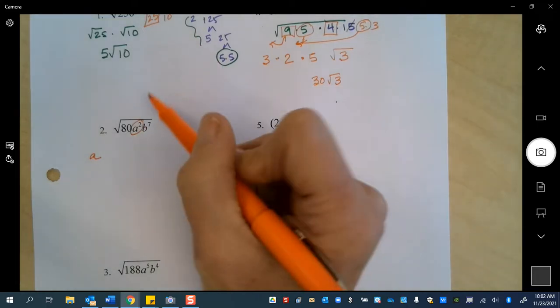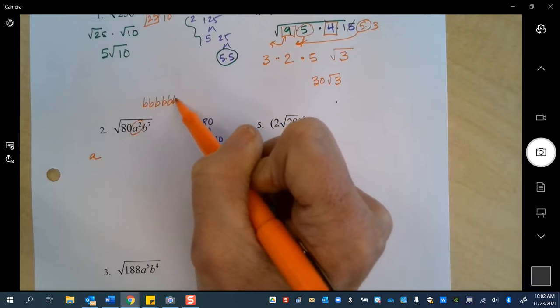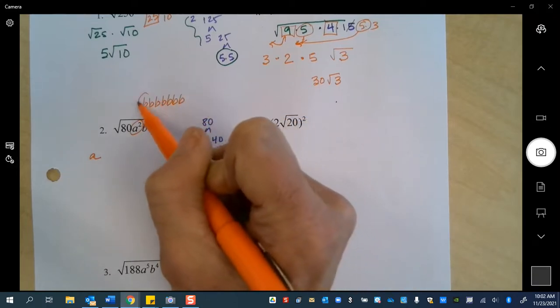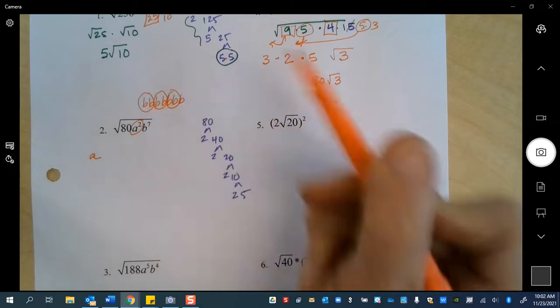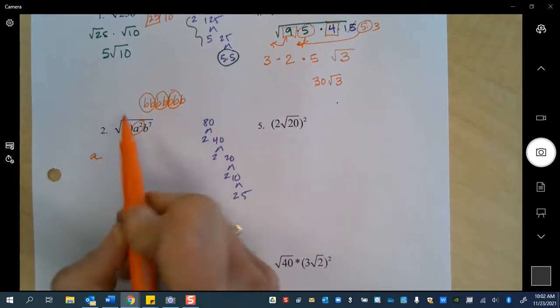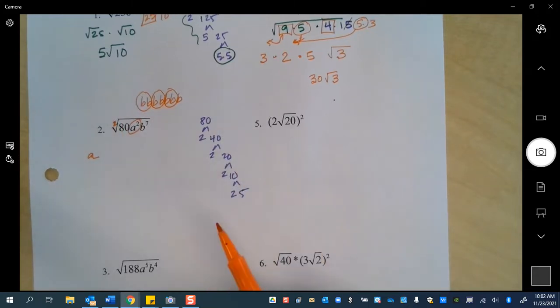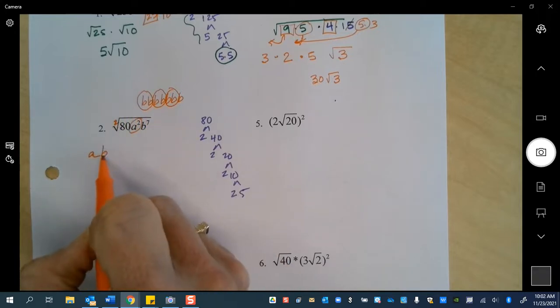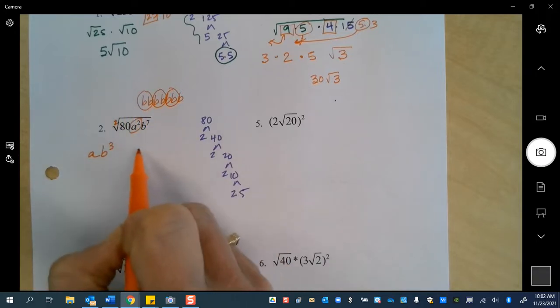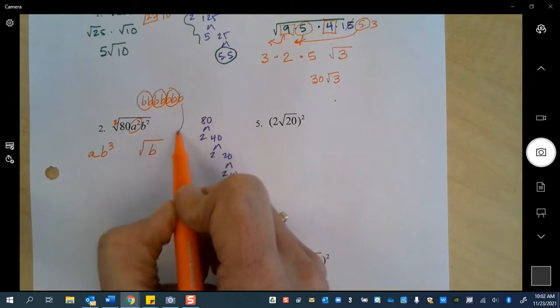If I have 7 B's, that's 1, 2, 3, 4, 5, 6, 7. Imagine forming groups of 2. Because this index means I'm looking for square roots to perfect factors, I can bring out 3 B's, and I'm going to have 1 left over without a partner.